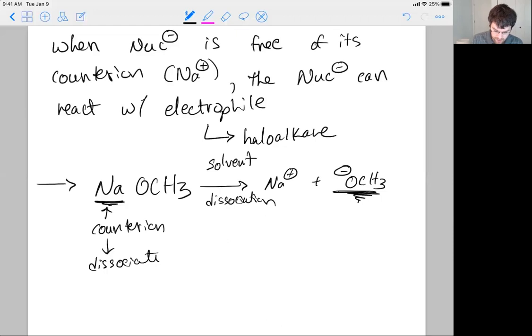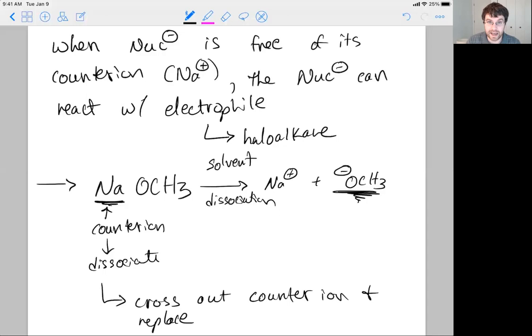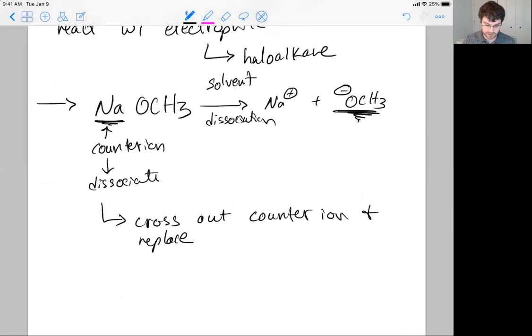Now what I'm getting at is what I want you to have a knee-jerk reaction about: we could just cross out the counterion and replace it with a negative charge. We'll let the Na plus, the sodium plus, float away and do its thing, but that'll release the negative charge for us to kind of mess around with.